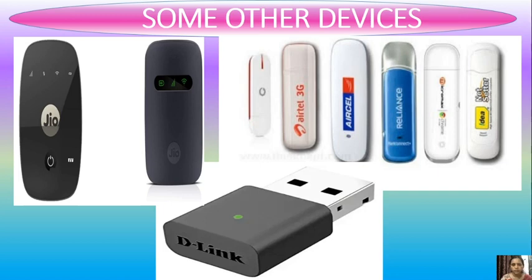Using this also we can connect the internet in our laptop or system. So I have included these images so that you can understand that all these devices are also called small modems. These are all used to connect the internet.